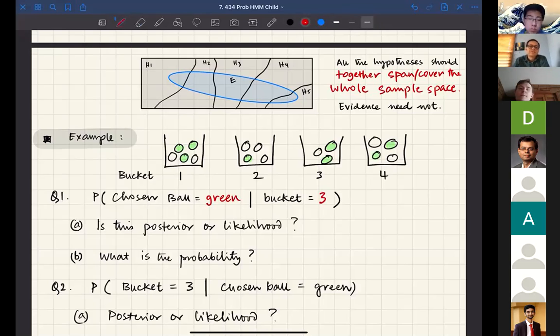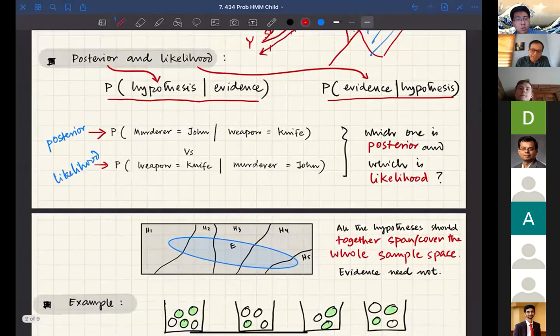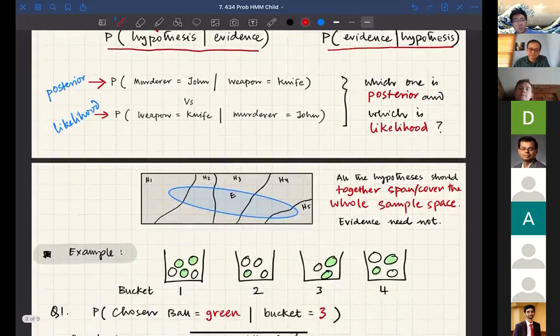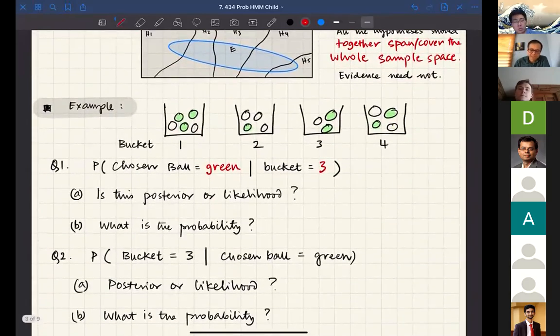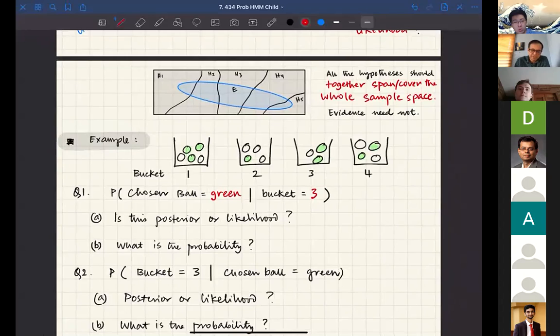Question to you: is this posterior or likelihood? Posterior is hypothesis given evidence. Likelihood is evidence given hypothesis. So is this evidence given hypothesis?